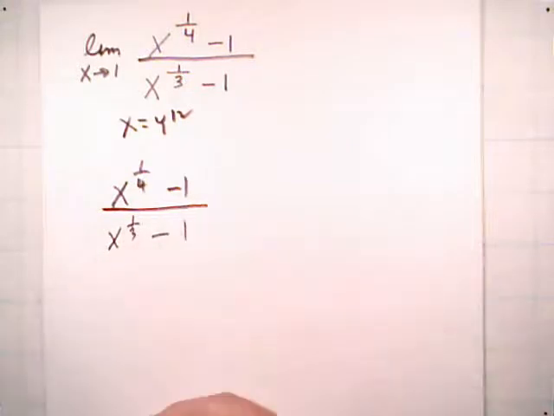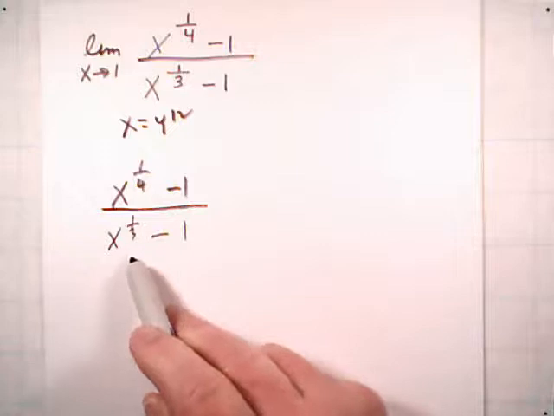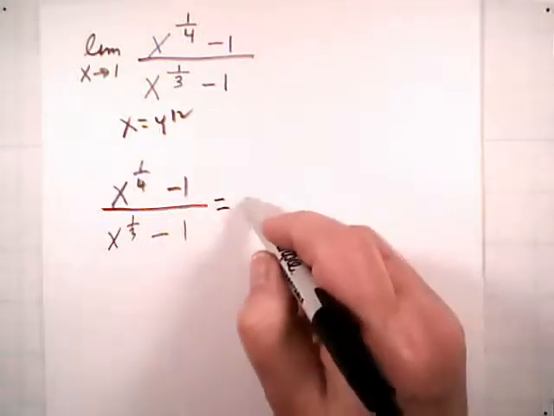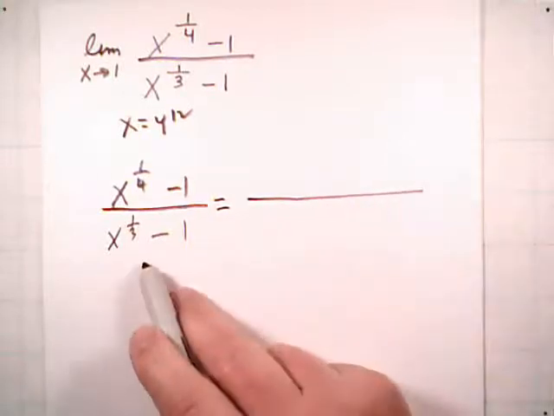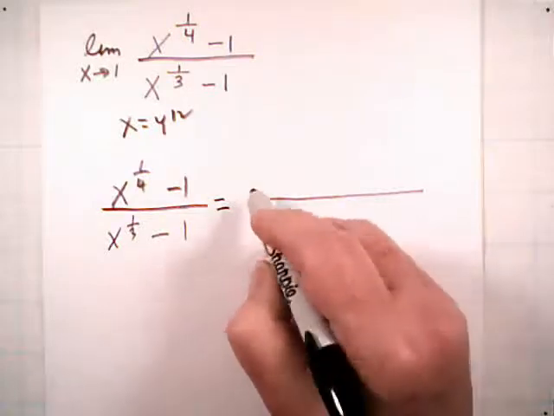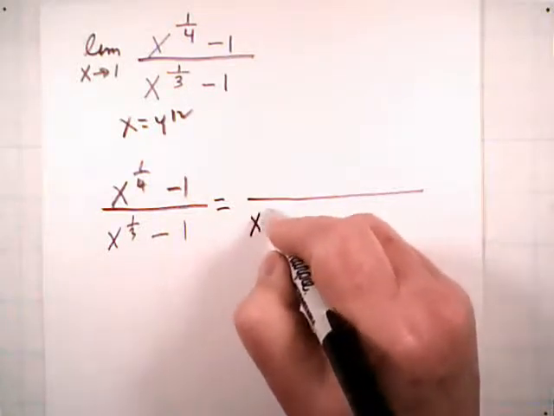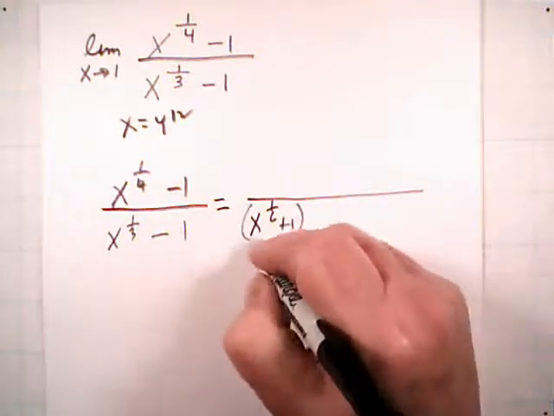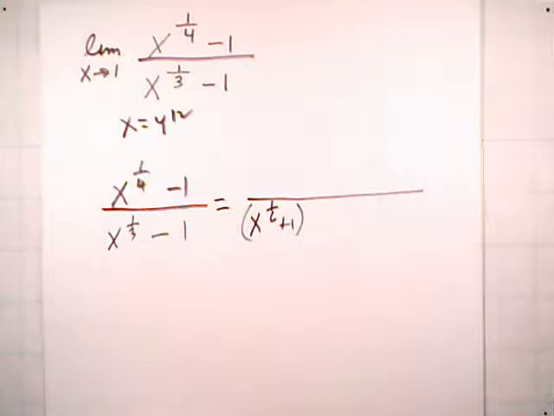You have to recognize, for example, that both of these really are the difference of two squares. You've got to know which one you want to deal with first. And we're going to deal with the x to the 1/3 minus 1. Now, x to the 1/3 minus 1 can be divided into two factors, x to the 1/6 plus 1 times x to the 1/6 minus 1.